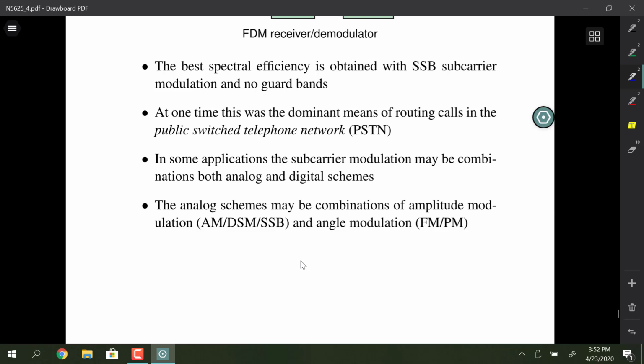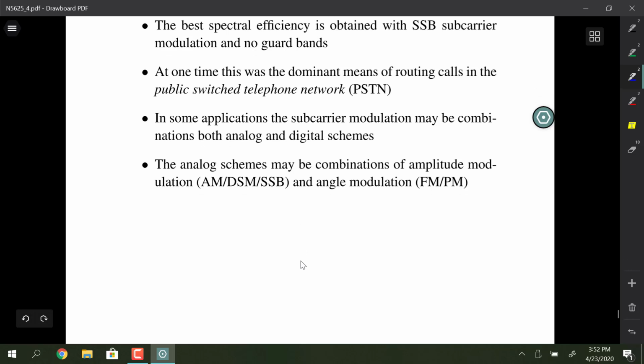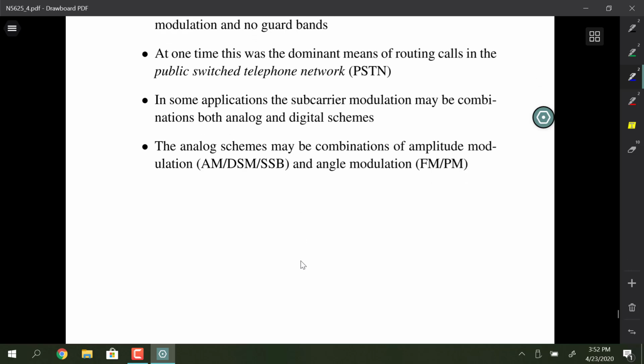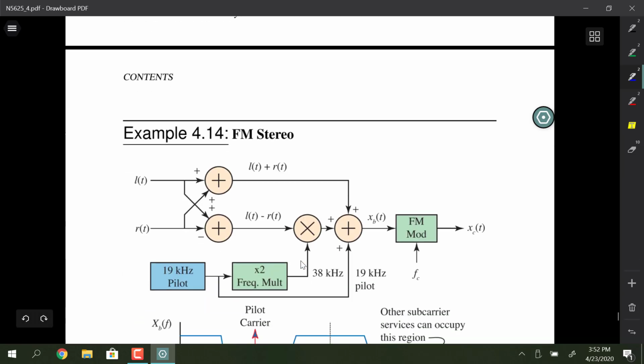There was a network of microwave towers that relayed information like that all over the country. Nowadays, we don't use that anymore. We use fiber optic cables that are buried underground, and things are done much differently. But the idea of subcarriers is still heavily used today.